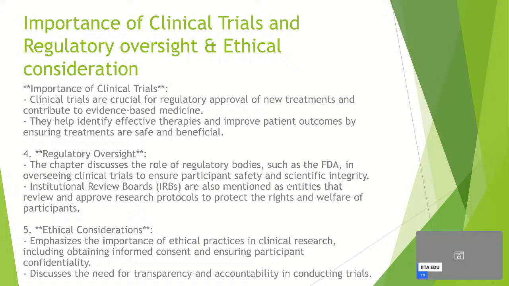We have ethical considerations, emphasizing the importance of ethical practices in clinical research, including obtaining informed consent and ensuring participant confidentiality, and discussing the need for transparency and accountability in conducting trials.